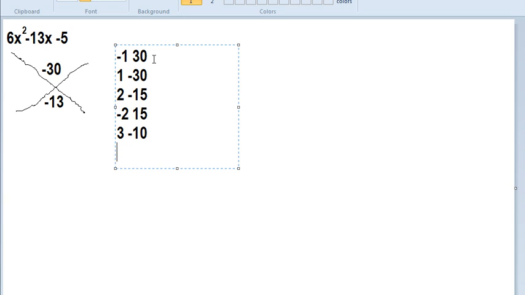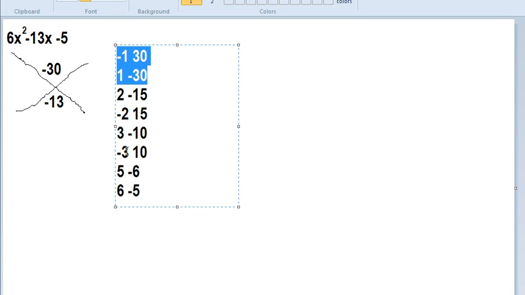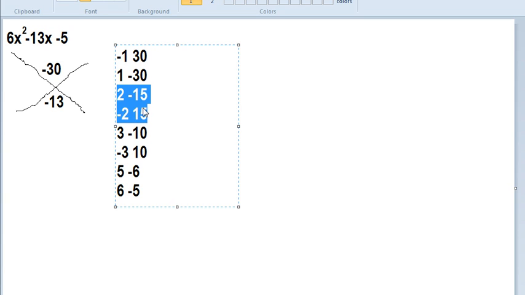I know negative 3 and 10. 4 doesn't go into 30. 5 does. 5 and negative 6. And 6 and negative 5. Now you see how these are sort of paired together? Negative 1 and 30, and 1 and negative 30, 2 and negative 15, negative 2 and positive 15, etc. You'll see why in a second.